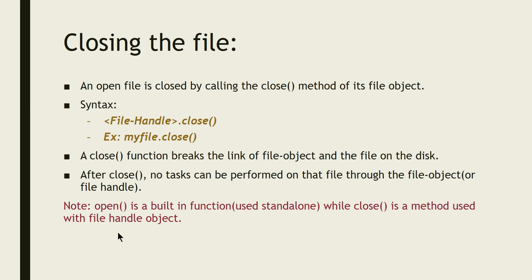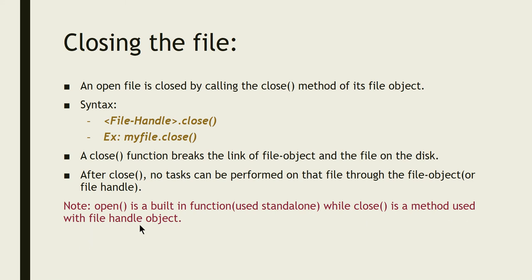Here, please note one important piece of information. Open is a built-in function that is used standalone. I didn't use it with dot notation. You remember, file1 is equal to open of file path, and then the mode I have specified. However, close is a method. Close is a method used with a file handle object.